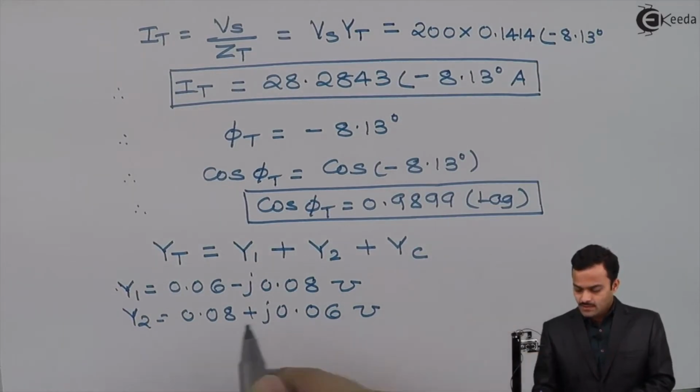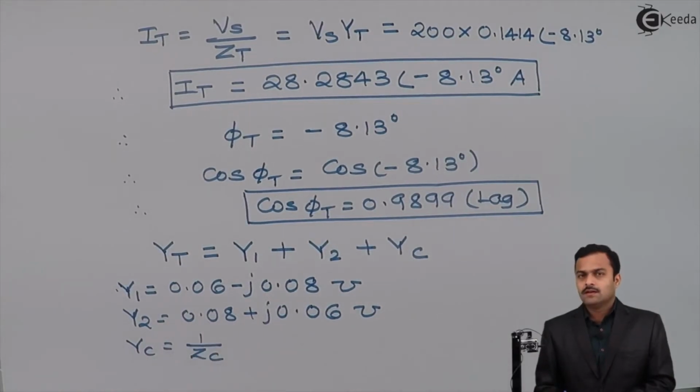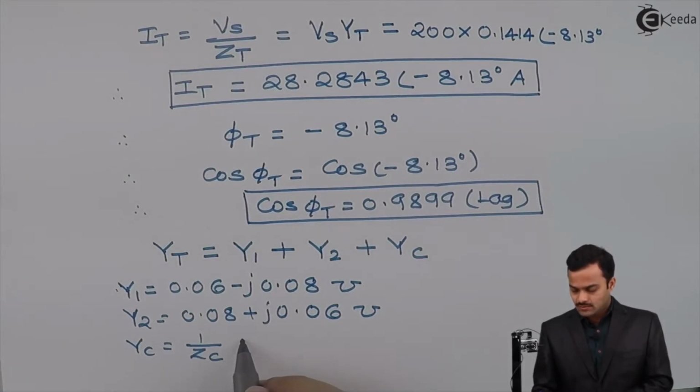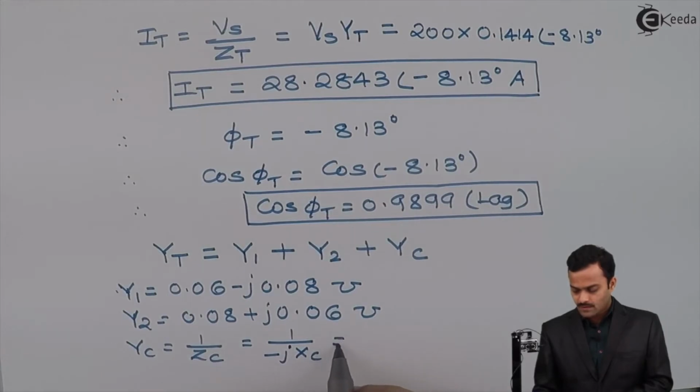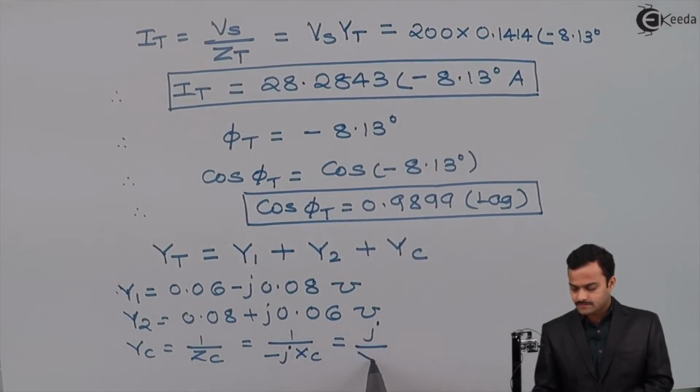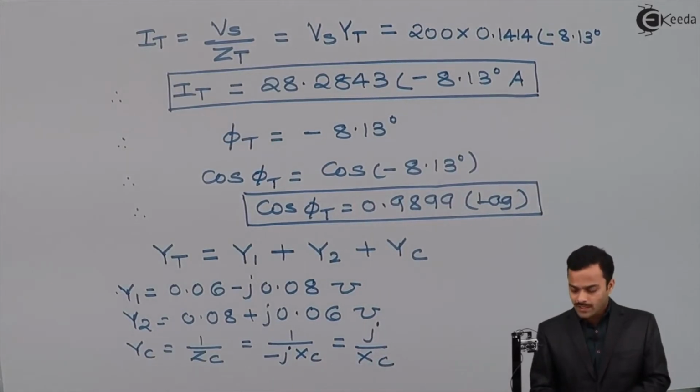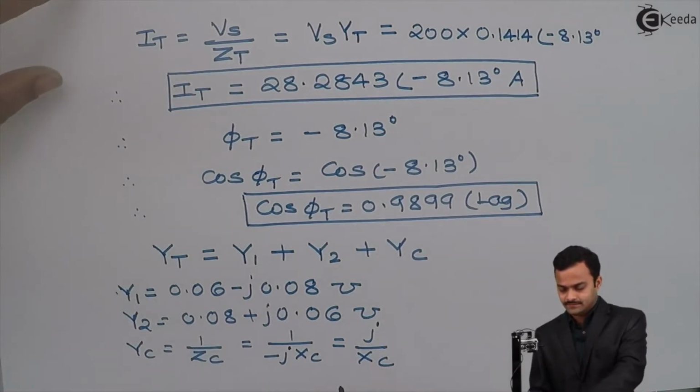See here, Yc is nothing but 1 upon Zc. Here we are going to connect a pure reactance, a capacitive reactance. So therefore Zc will be minus jXc, whose inverse is j upon Xc. So now I will add Y1, Y2 and this Yc.